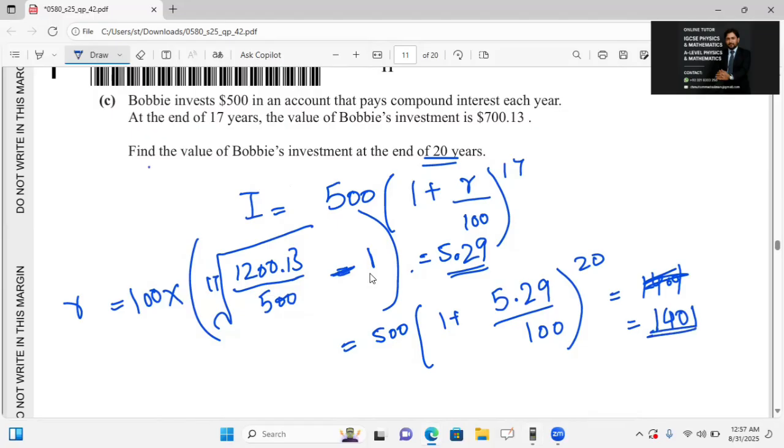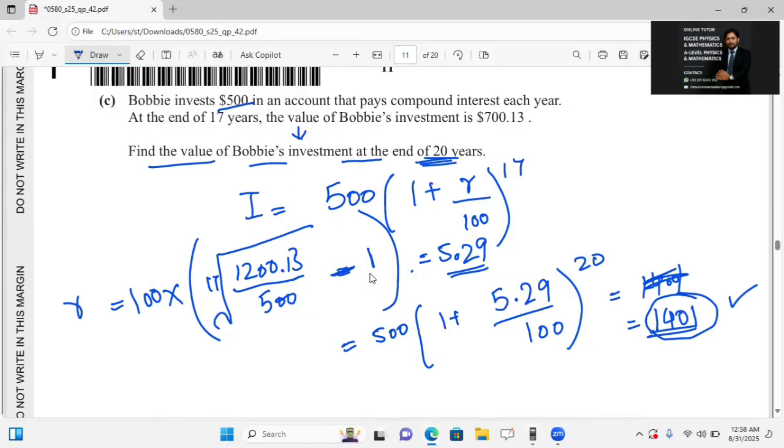So Bobby's investment at the end of 20 years will be $1401, and his total amount has gone from 500 to this value.